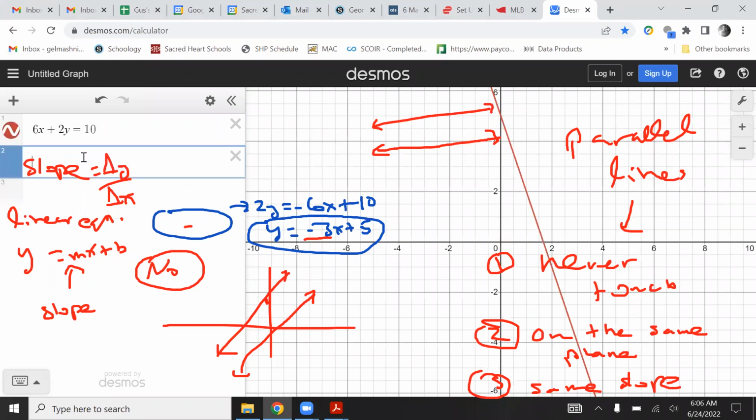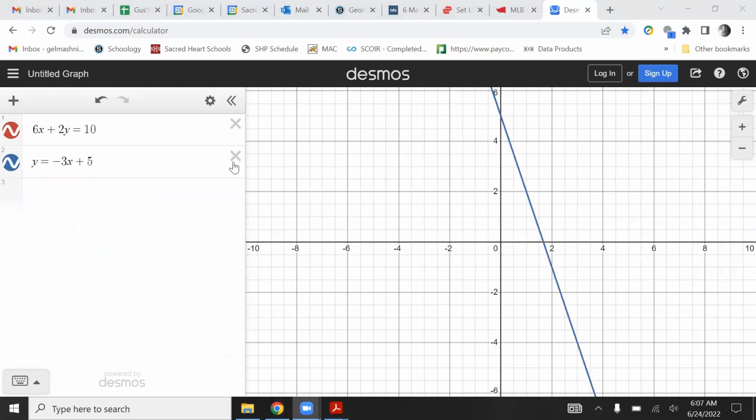Or if I do y equals -3x plus 5, you get the same line, right? They're identical. I'm going to clear my screen so you can see a little better. Those are the same lines.